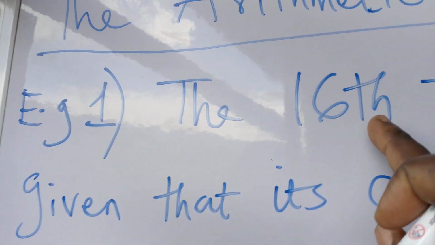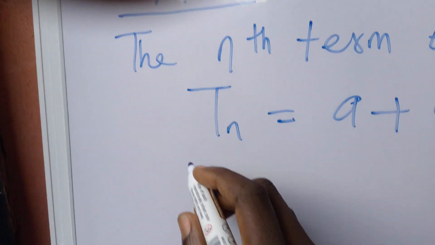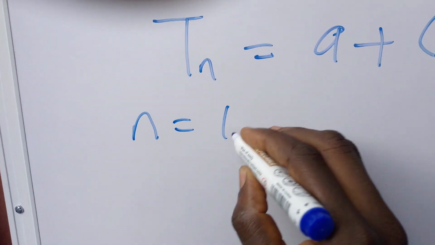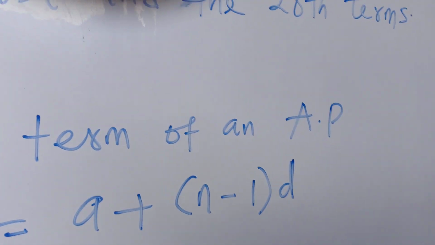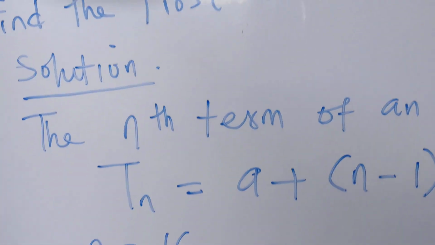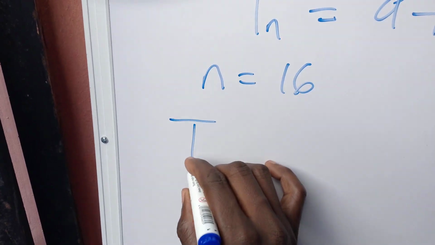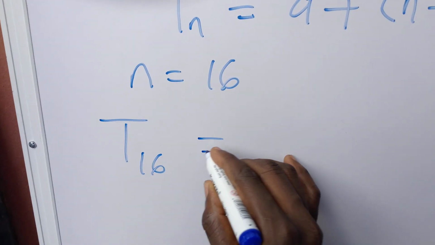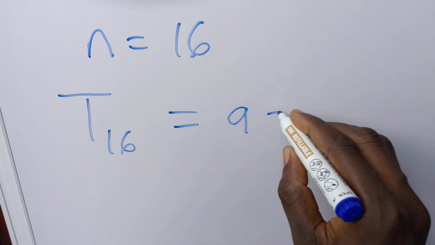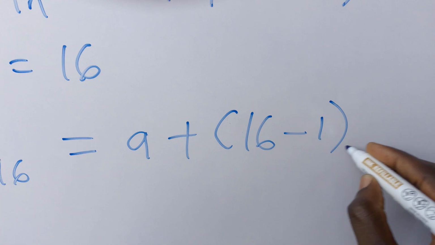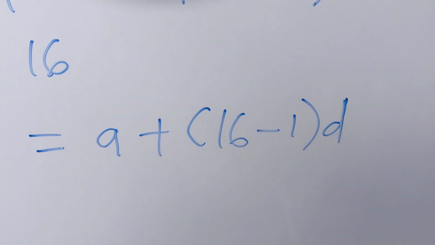Now, first we look at the 16th term. For the 16th term, you have that n is equal to 16. So T16 will be equal to a plus 16 minus 1 times d.